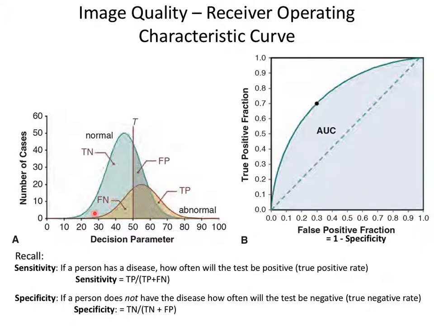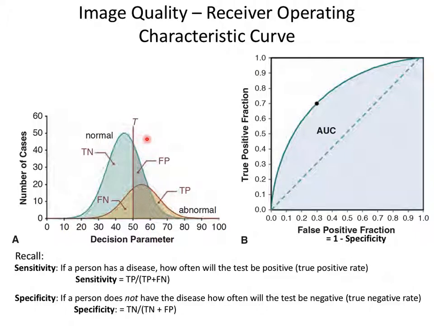But I miss a whole bunch of positives. You can be a very aggressive reader, and that is every time you see something that just has a hint that it could be positive, you call it positive. Your threshold as an aggressive reader is down here. So you're calling all of these people positive. You catch almost everybody in the positive cohort, but you also catch a lot of normals.